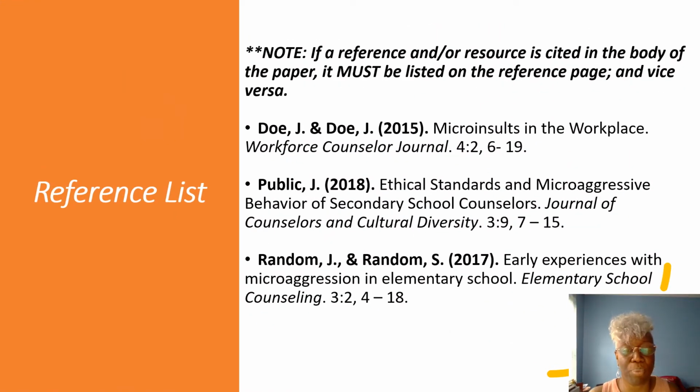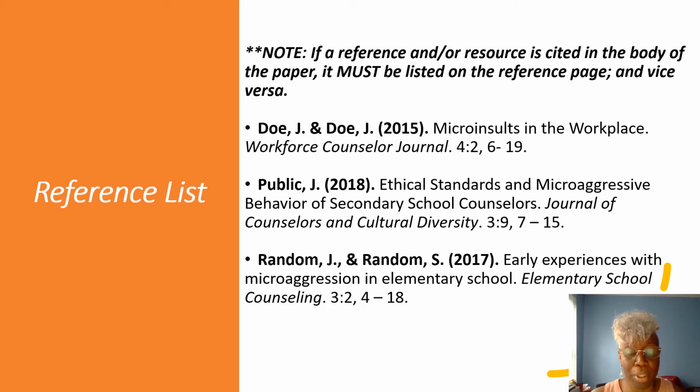Now, this is very, very important. If you cite any reference in the post of a discussion topic, you must also find that on your reference list, and you must have a reference list in your post. So, for example, if you see Doe and Doe 2015, you see that cited in the post.